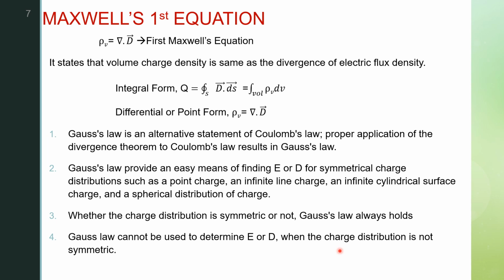Okay, that means it is easy to use Gauss's law to determine the electric field intensity or electric flux density when the charge distribution is symmetric. If the charge distribution is not symmetric, then we don't prefer Gauss's law. We can go with Coulomb's law.